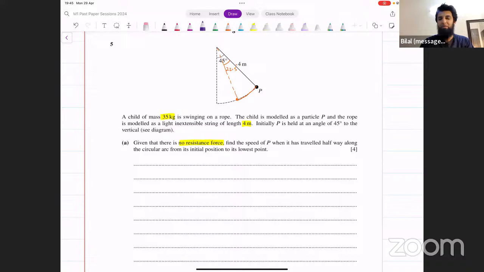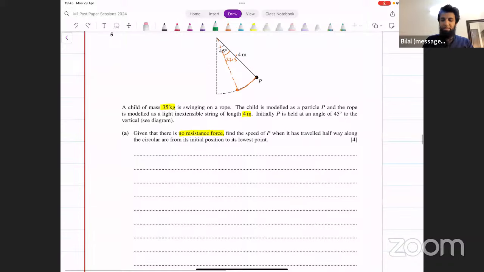Even if the answer is correct, you can't assume that the acceleration is constant, so that will not be completely acceptable. You will get some partial marks, but not complete marks. So whenever you have a curve, you cannot use constant acceleration formulas.